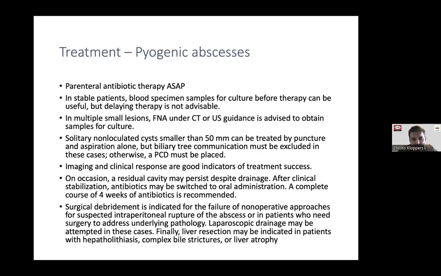The reason for that is you can potentially have a small leak of either bile or, in this case, purulent material between the peritoneal lining and the liver. So if you put in a perc drain, leave it in. That doesn't necessarily mean the patient needs to be in hospital, but leave that drain in for at least 10 days so that you can form a tract, and the fistula will slowly close.